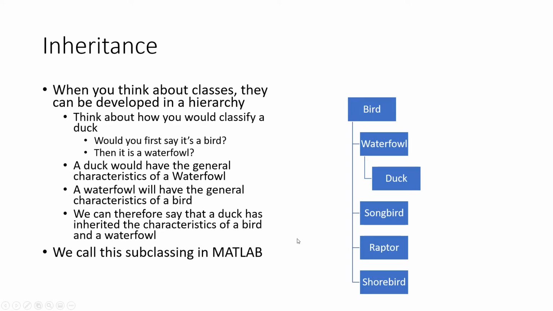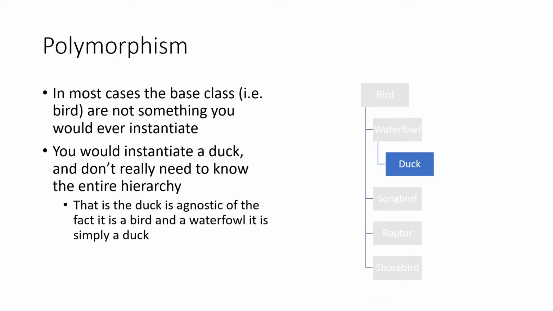So when we think about it, this is really useful because we can bring both properties and methods from existing classes that we want to derive from. In MATLAB, we call this subclassing. In a lot of other languages, we're going to call this either derivation or subclassing or class inheritance.